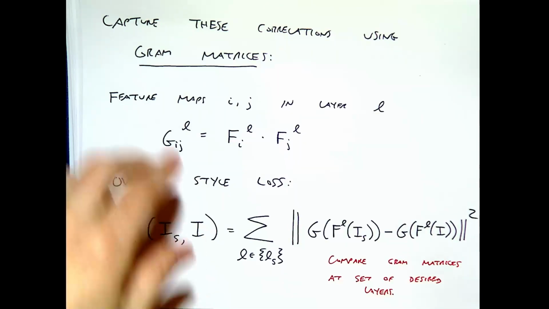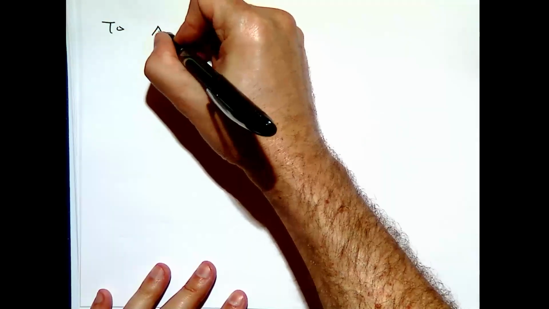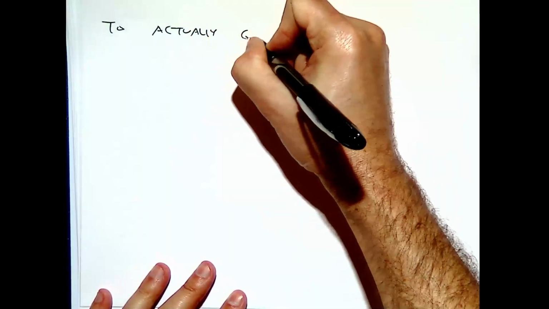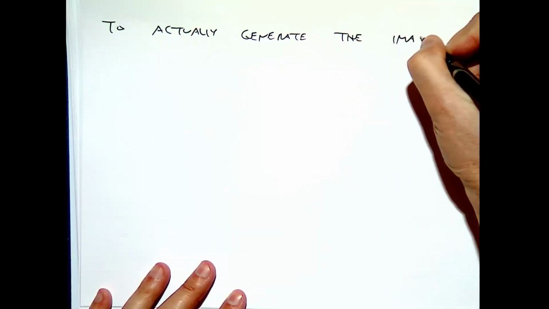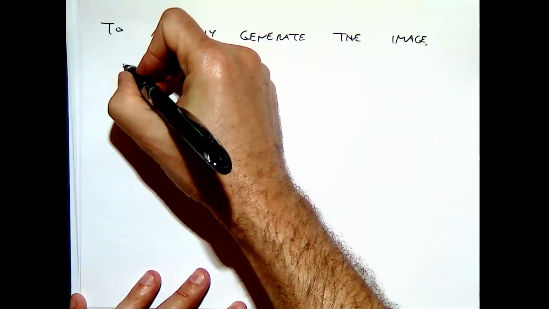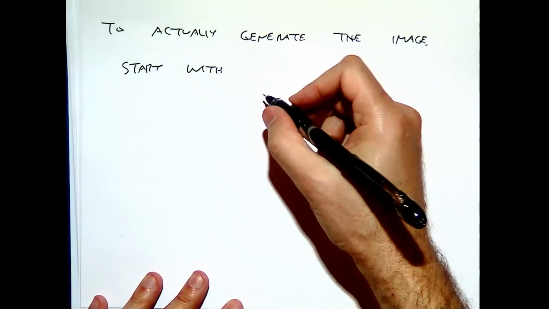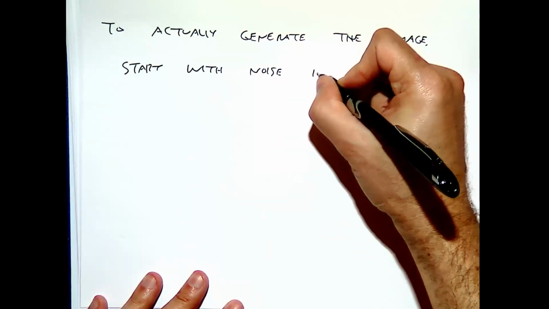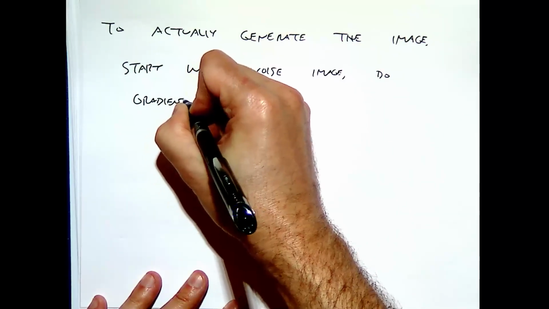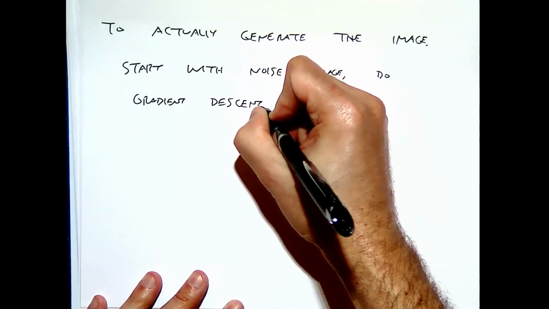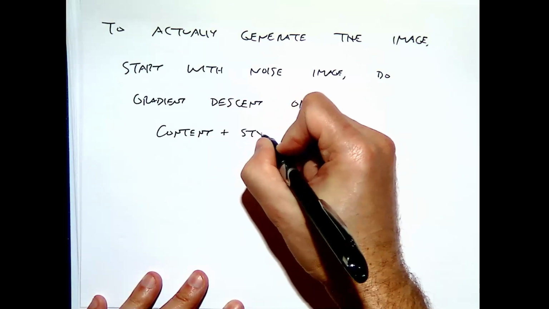So to generate the image itself, we start with a noise image the same size that we want to create, and then we do gradient descent on this content plus style loss.